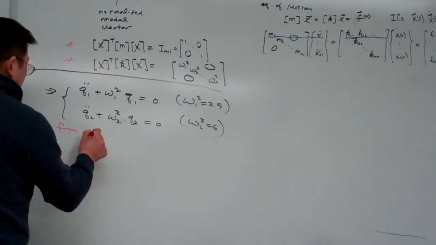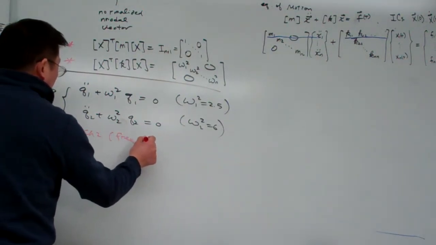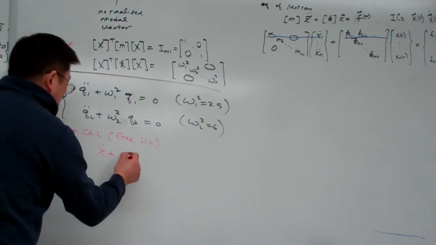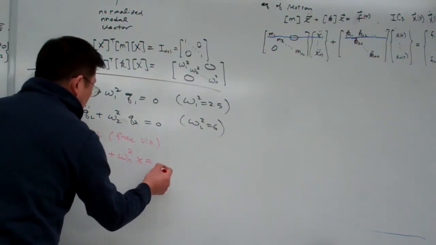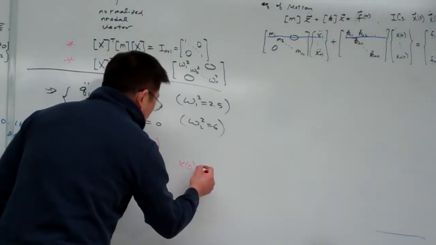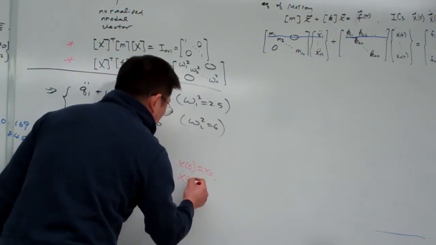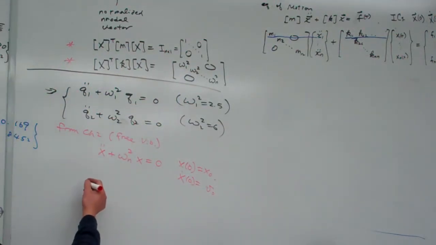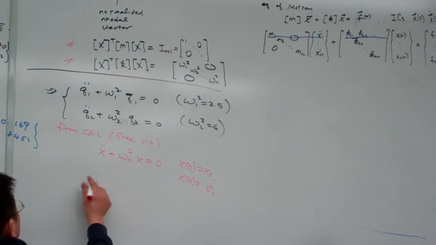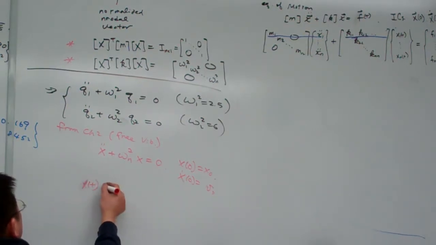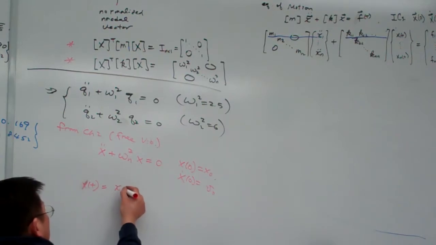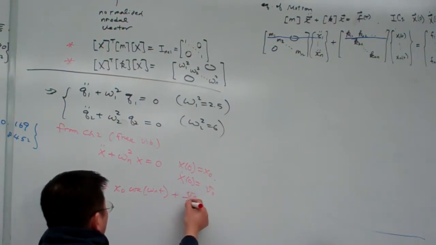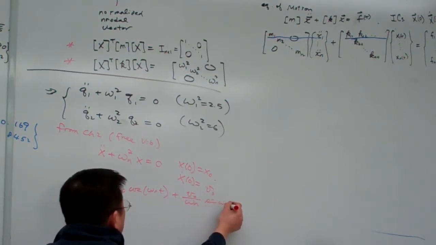For example, from chapter 2, that is free vibrations. If we have such a problem, x double dot plus omega n squared x equals 0, with the initial conditions given, the solution is this: x0 times cosine omega n t plus v0 divided by omega n times sine omega n t.